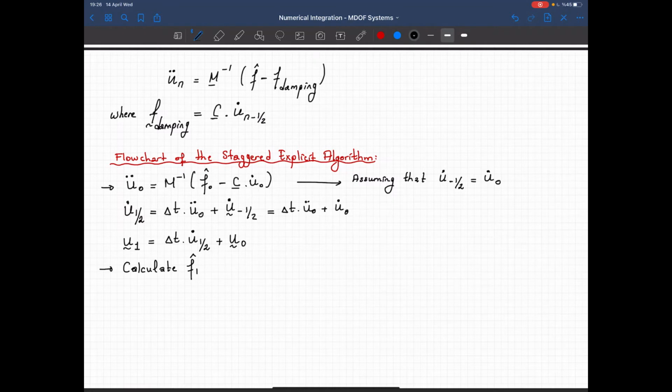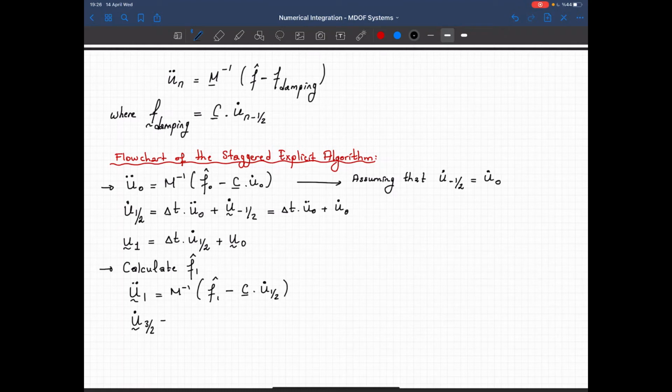Okay, after that we go to the next time step. So the acceleration at 1 will be equal to M inverse times F1 hat minus damping matrix multiplied by the velocity at 1/2. This will give me the acceleration at 1. So by using that acceleration, I can calculate the velocity at 3/2.